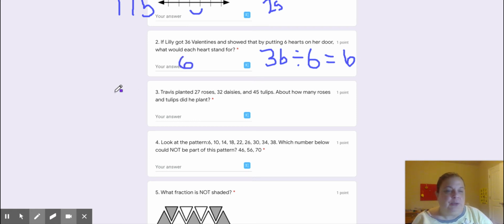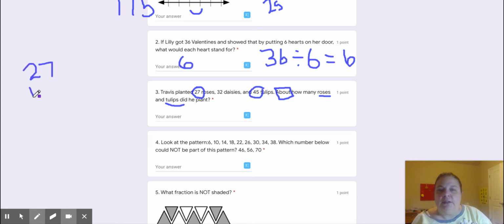All right, on number 3, it says about, which means we need to round before we do anything else. It's also asking only about roses and tulips. So we need the 27 and the 45. So over here, I'm going to put 27 plus 45. Forgive my writing.